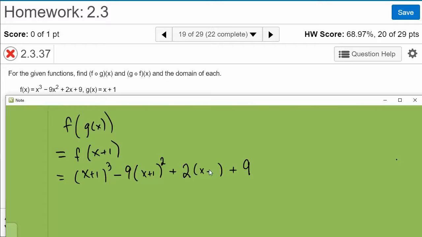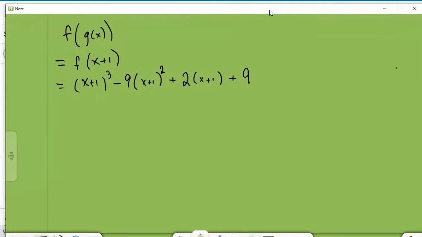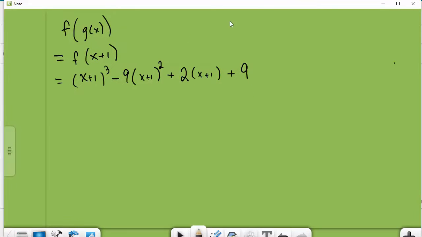So this is where it's nice if you know the couple of shortcut formulas. For a cube of a binomial, it is a cubed plus 3a squared b plus 3ab squared plus b cubed.